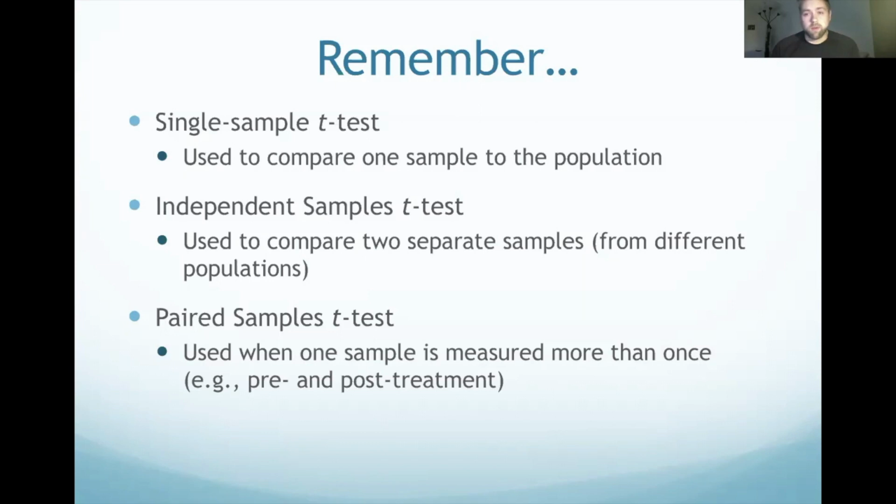The second one was the independent samples t-test, which was used to compare two separate samples to see if they are from different populations. And finally, what we're talking about today and what you're being asked to do for the assignment is paired samples t-tests. So that's where you use one sample, but you measure the same people more than once.